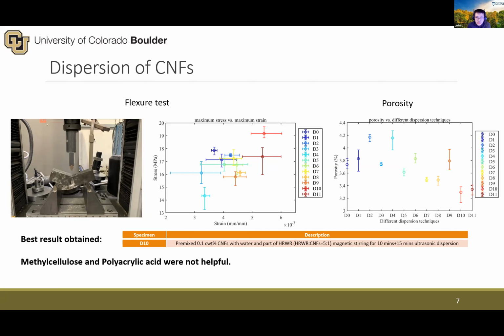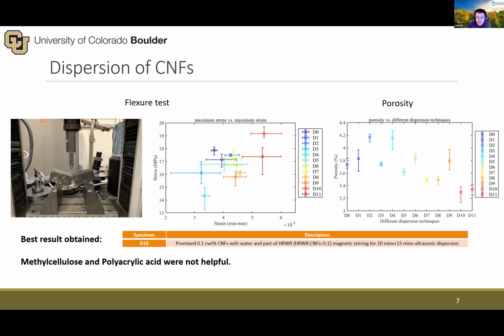From the testing results, as one can see, in addition to using a high-range water reducer as a chemical surfactant, methylcellulose and polyacrylic acid are two other types of chemical surfactant that are pretty commonly used. They were not very helpful for the dispersion of carbon nanofibers based on our testing results. At the same time, they can also decrease the mechanical performance and increase porosity.